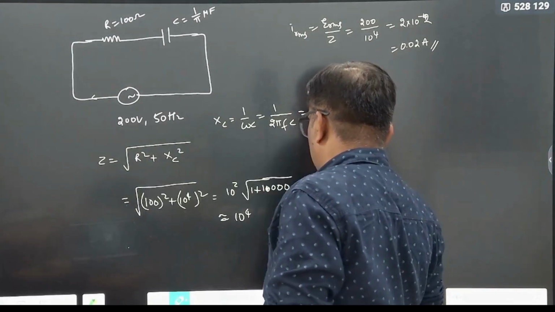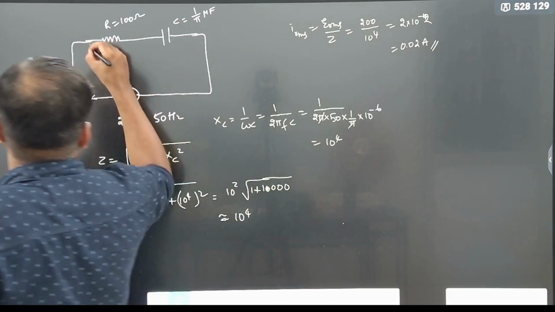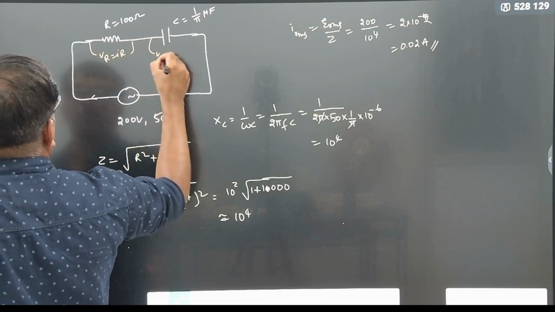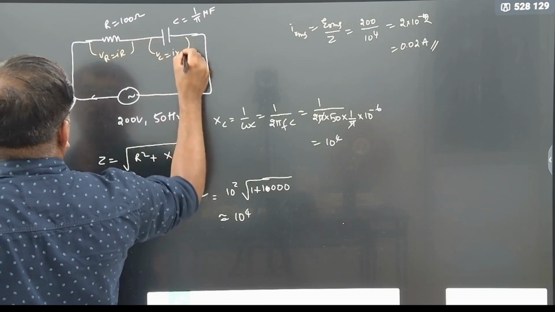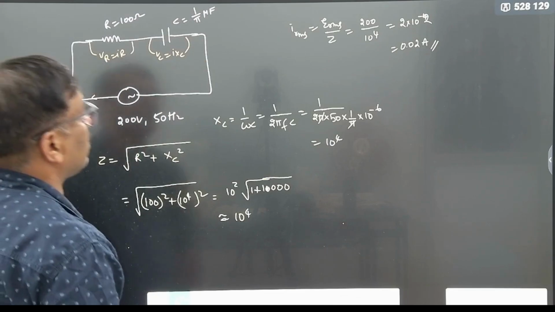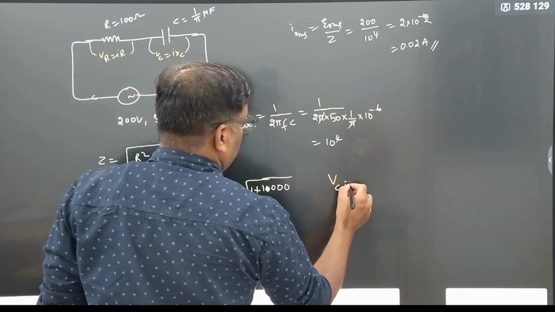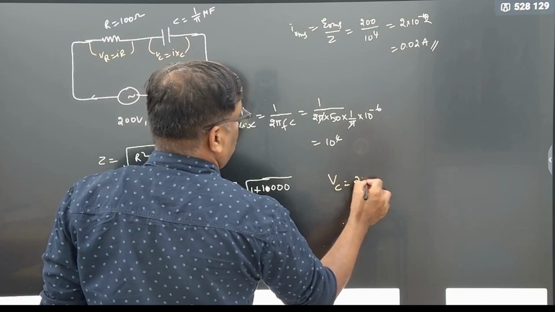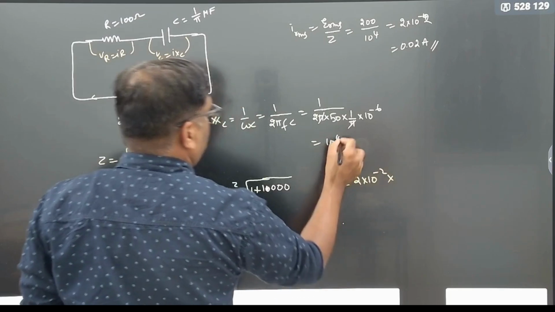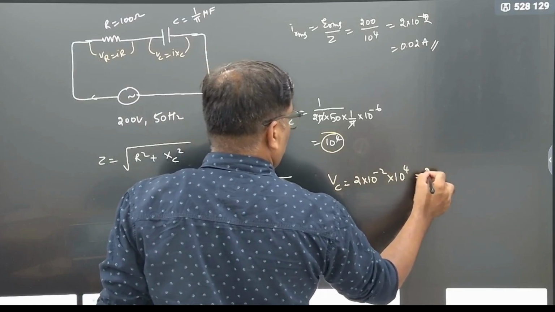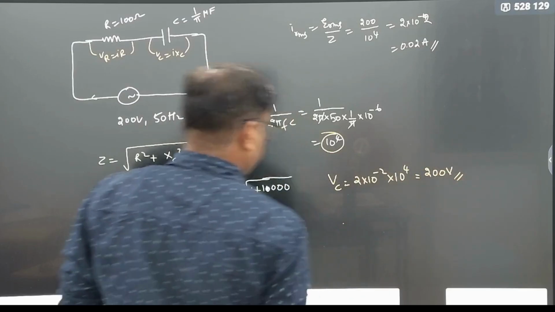Again we can calculate V R is I R, or V C is I into XC. Let us see V C: I is 2 into 10 to the power of minus 2 into XC, which is 10 to the power of 4. That gives 200 volts. Clear?